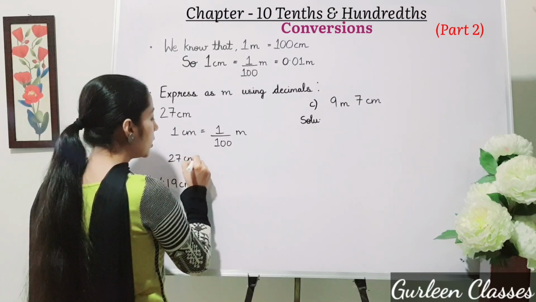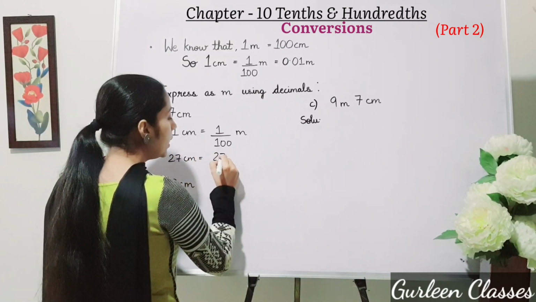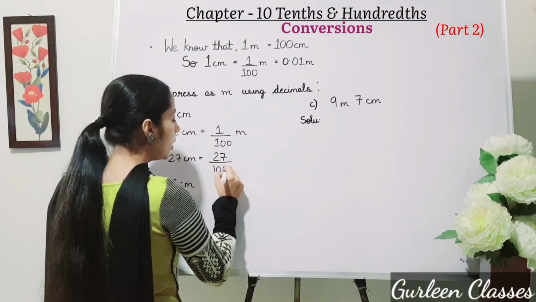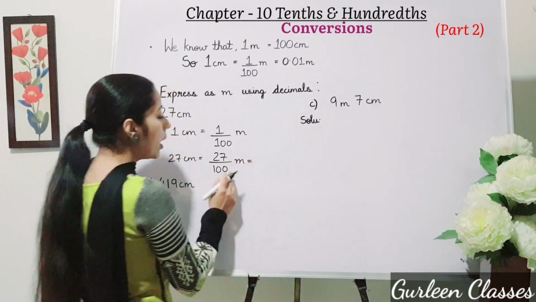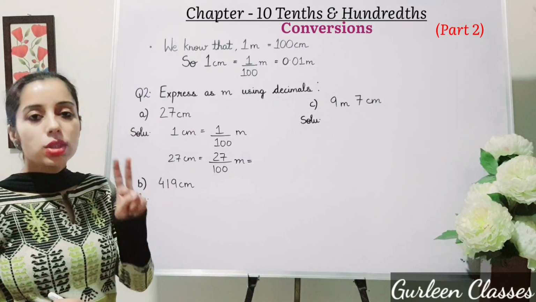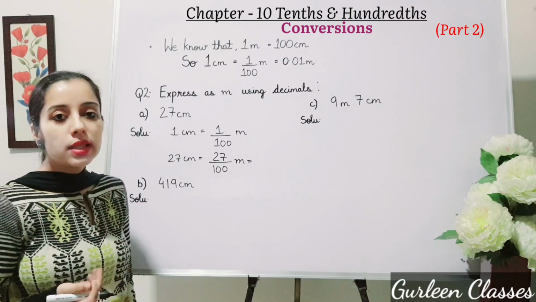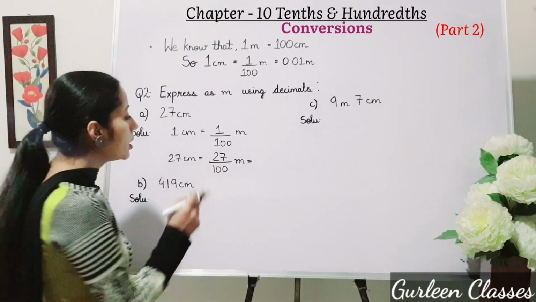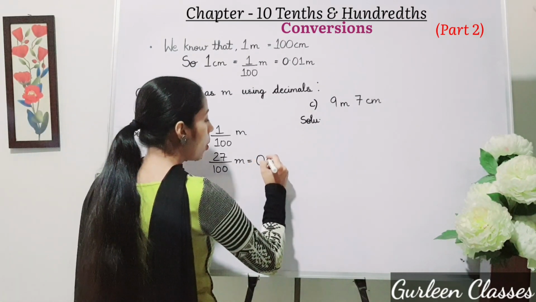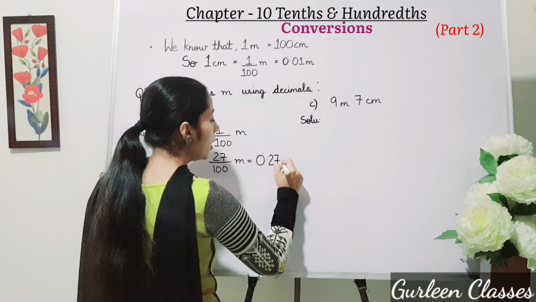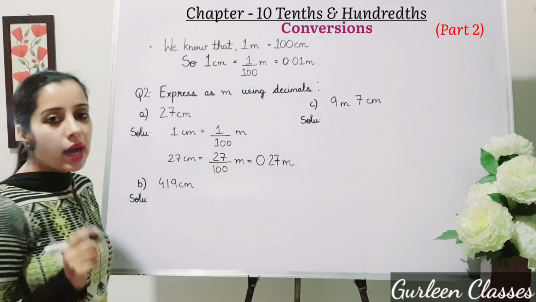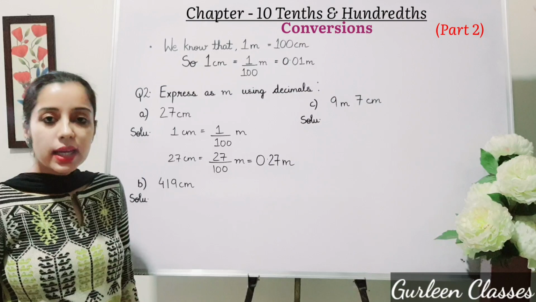27 centimeter is equal to 27 upon 100 meter. In the denominator there are 2 zeros, so after the decimal there should be 2 digits. So the answer is 0.27 meter. B, 419 centimeter.